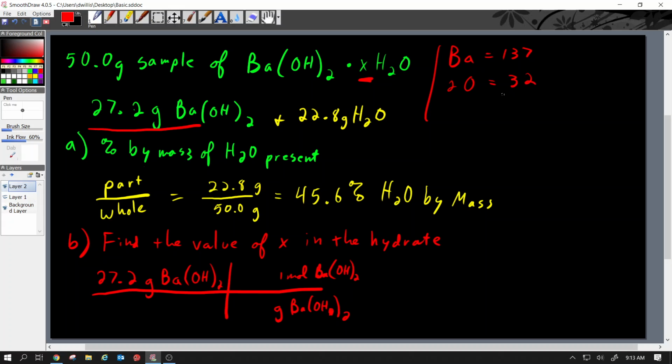That's going to be 32, because that's 2 times 16. And 2 hydrogens, which is 2 times 1, which is 2. So then I'm going to total all that up. That's going to be 171 grams of barium hydroxide.